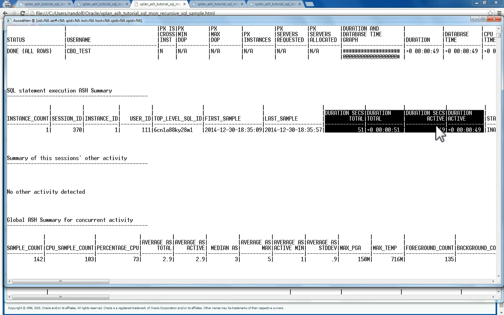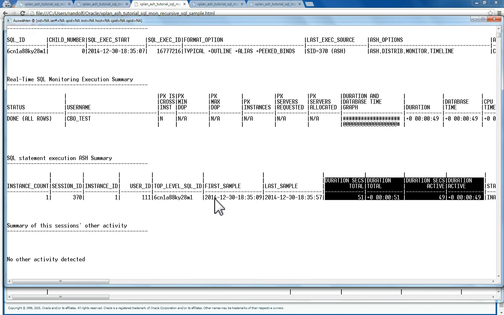I already explained in the previous parts that the total figure is based on the ash samples from first to last sample that is found. In this particular case, it's actually based on SQL exec start to last sample, and the active part, like duration active and average active sessions active and so on, is based on all sample points, active session history sample points, where at least one sample was found.